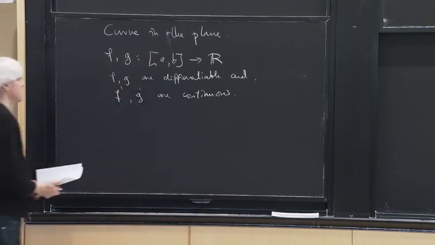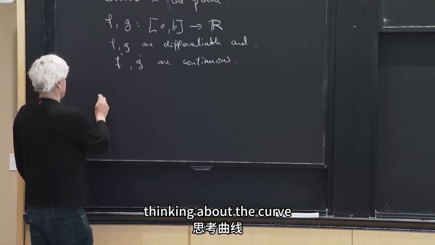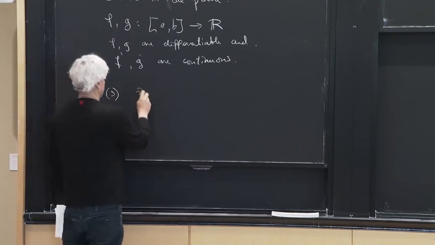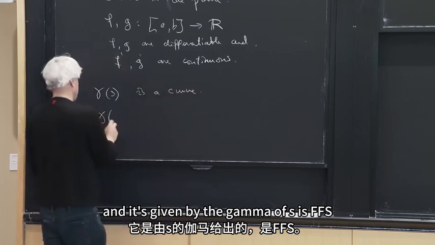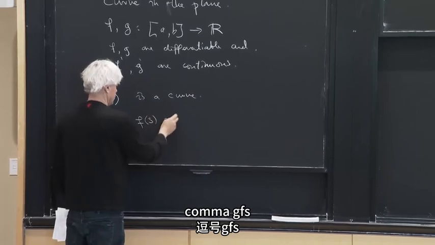And then I'm thinking about the curve. So gamma here of s is a curve, and it's given by gamma of s is f of s, comma g of s.